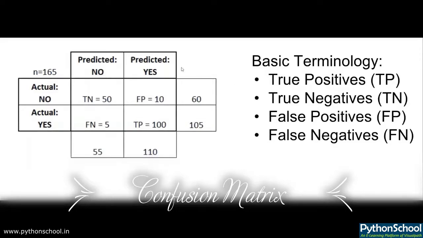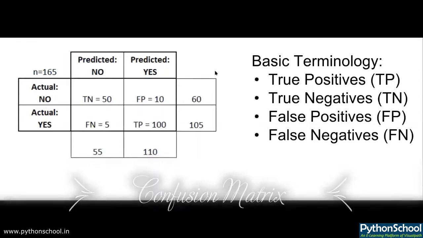In this case, we predicted that the person has the disease, and in actual also the person has the disease. So here we predicted 100 people have the disease, and the actual also says the 100 people had the disease. So this is the true positive quadrant.